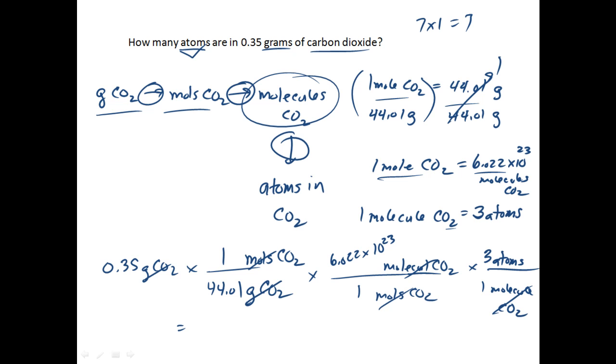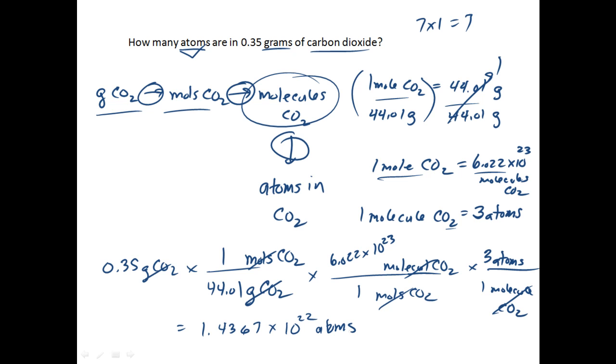Hit the exponential key on your calculator, the EE key, and then put in 23, and that takes care of the exponent here. And then we're going to multiply that by 3 because that's what we have in the numerator here, 3 atoms. We hit equals, and we get for an answer 1.4367 times 10 to the 22nd atoms.